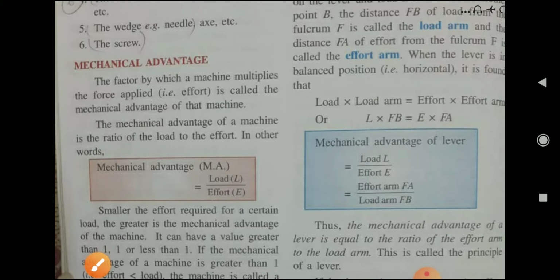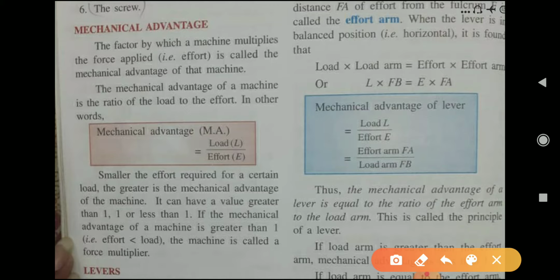I explained in the last video that the mechanical advantage of a lever is equal to load upon effort. So here we can find that load upon effort is equal to effort arm upon load arm. Means load multiplied by load arm is equal to effort multiplied by effort arm.